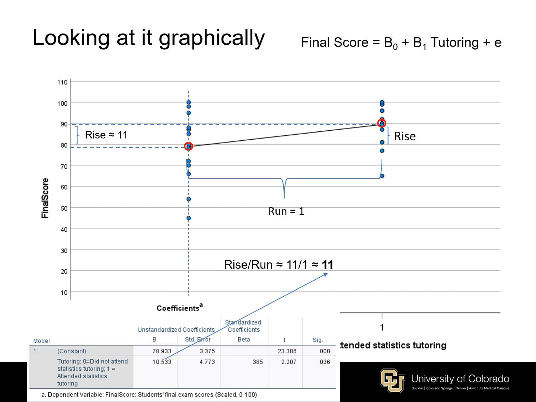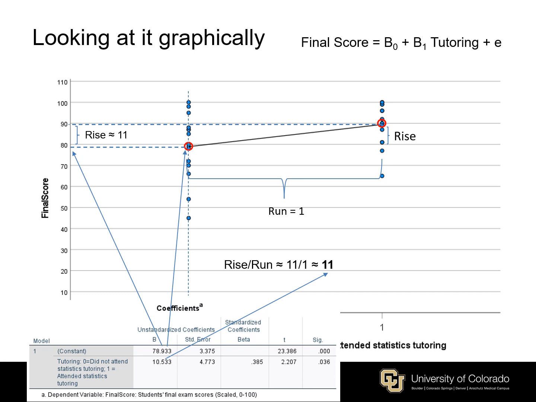Another thing that we might point out is the intercept, which is this constant row. And that 78.93 is an estimate of the dependent variable mean when the independent variable is 0. Well, when the independent variable is at the level of 0, that means there was no tutoring.